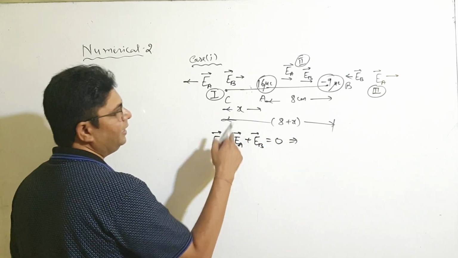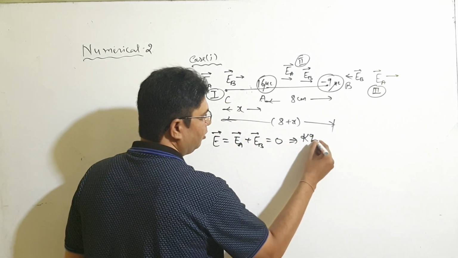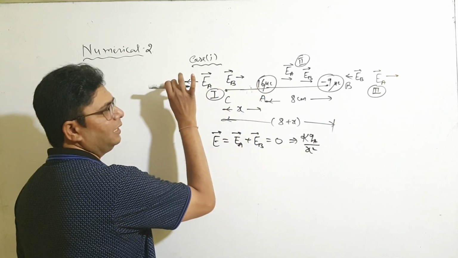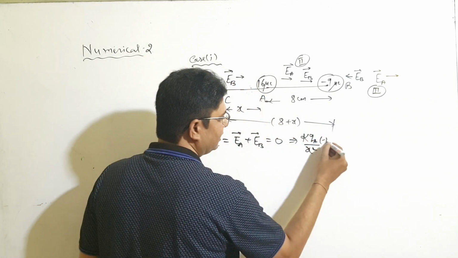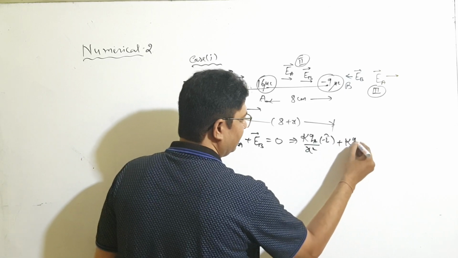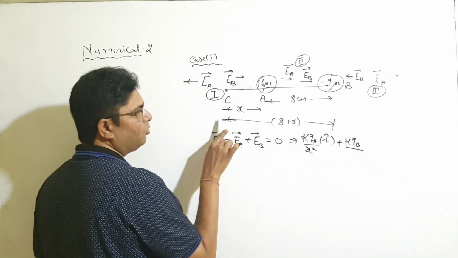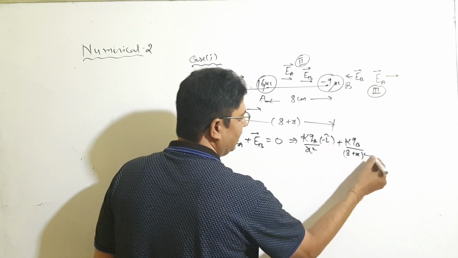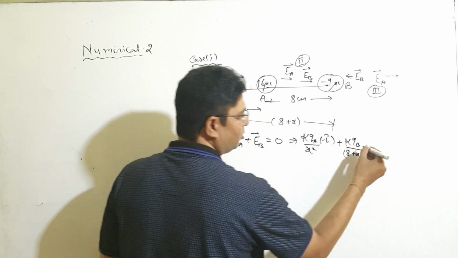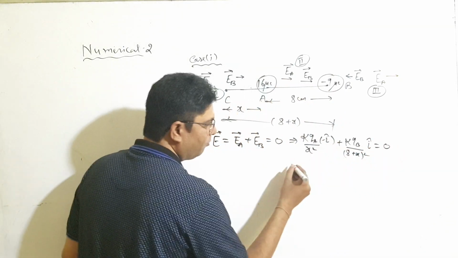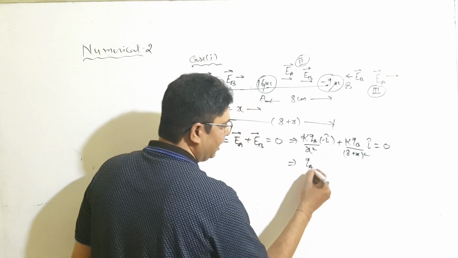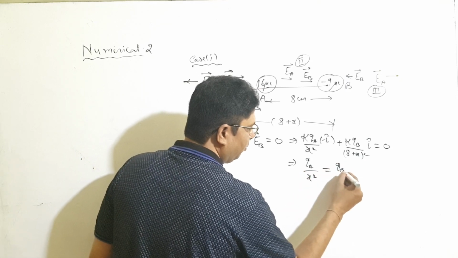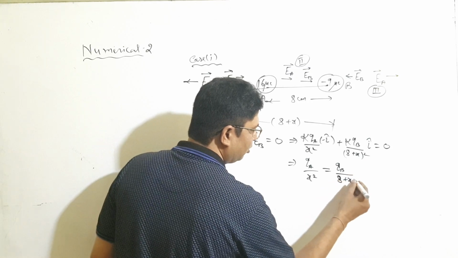The value of EA is K QA upon x square, and the direction of A is towards the negative axis, so you write minus i cap, plus K QB upon 8 plus x whole square, and direction is towards the positive axis, so write i cap, equal to 0. From here you get QA upon x square equals QB upon 8 plus x whole square.